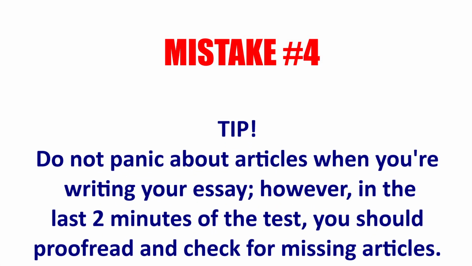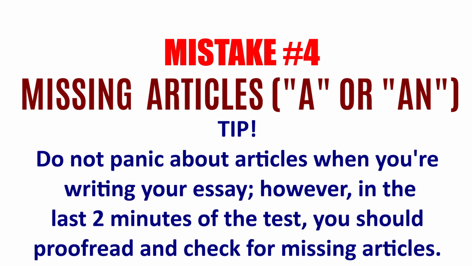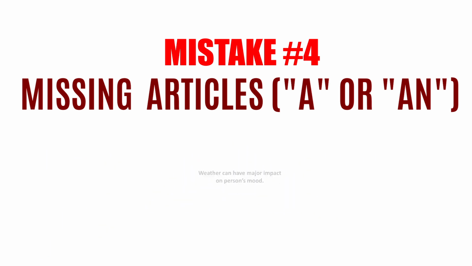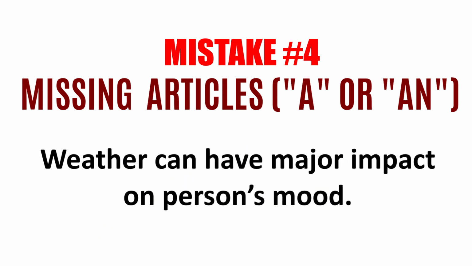Number 4, forgetting articles before singular countable nouns. I understand articles are different, and when you're writing, I don't want you to worry too much about them. But after, take 1 or 2 minutes to see if you have forgotten any. Here's an example of something I received from a student in the past.